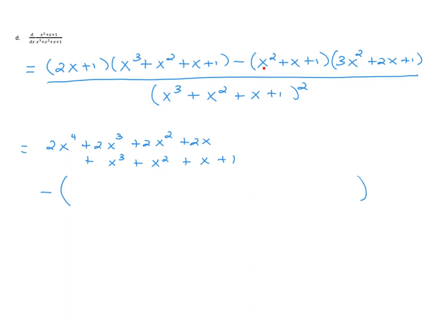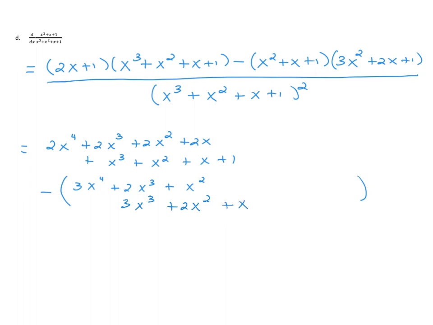Okay, so I'm going to multiply in this x squared. We get 3x to the 4th, plus 2x cubed, and then plus x squared. If I now multiply in the x, I get a 3x cubed, and then we get a 2x squared, and then we get a plus x.